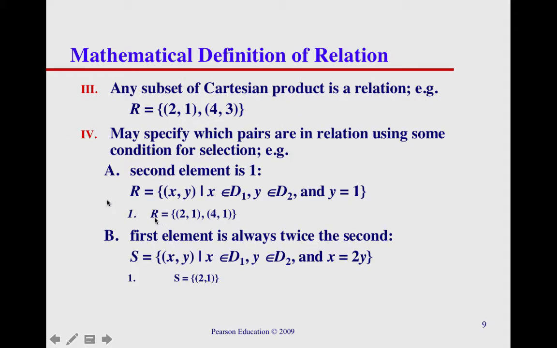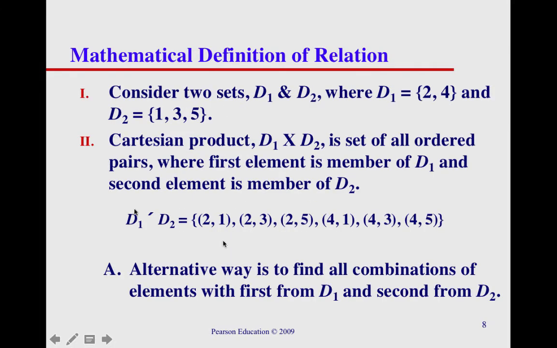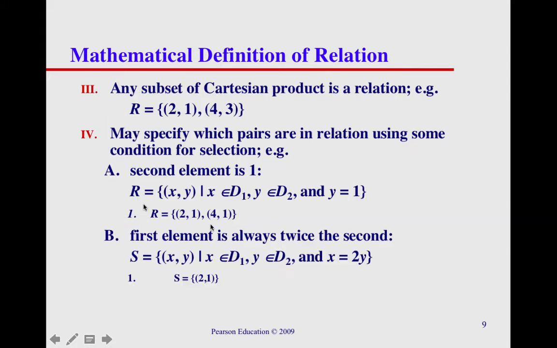Therefore, the relation in this case would be those 2 tuples. Or we could say that the relation is a set of tuples such that x is equal to 2y. Well, if we look at the possible set of tuples here, there's 6 possible tuples. There's only one, this one right here, where x is twice y. And so in that case, we're restricted to this particular relation.